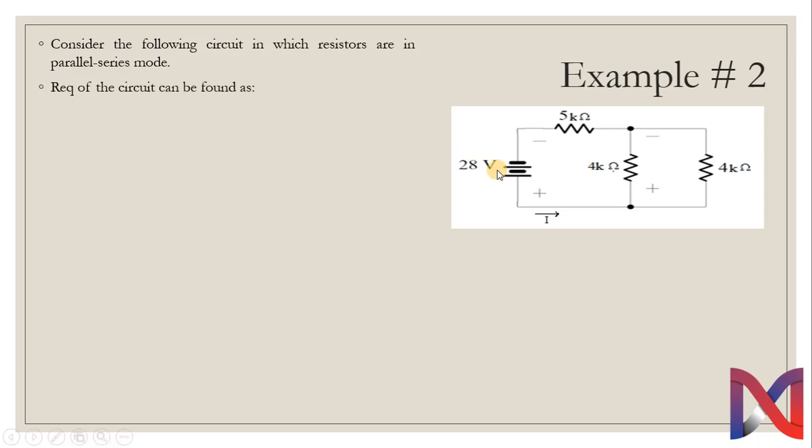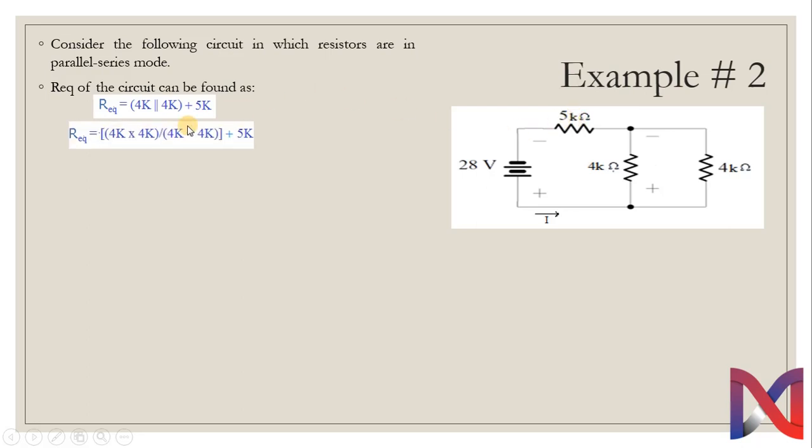Our equivalent of the circuit can be found the same as we calculate in our series parallel mode. R equivalent is equal to 4 kilo ohm parallel to 4 kilo ohm, plus 5 kilo ohms. These two resistors are in parallel, whose equivalent will be equal to 2 kilo ohm, and is then in series with 5 kilo ohms.